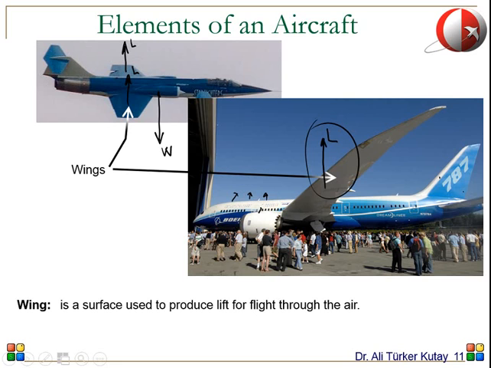Remember, in our first lecture I told you that we will be calculating aircraft performance, and then we will be using some simplified equations. One of the first simplifications we make is we just take into account the force created by the wings, and we ignore the other forces.